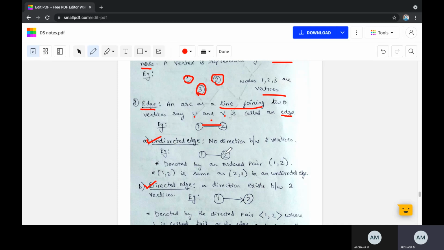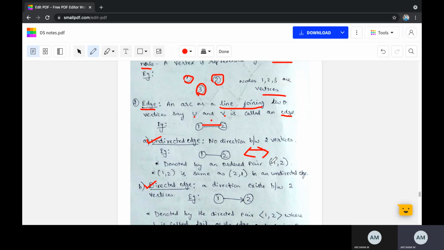There is no direction between two vertices, no arrow mark between them. That is, 1 can travel to 2 and 2 can travel to 1. One person can go to that end and also come back to this end. That is known as undirected.